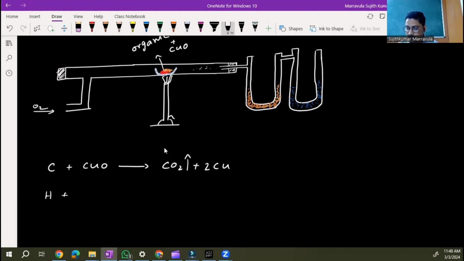Hydrogen is also present in the organic compound, so hydrogen also reacts with copper oxide and produces H2O and Cu.